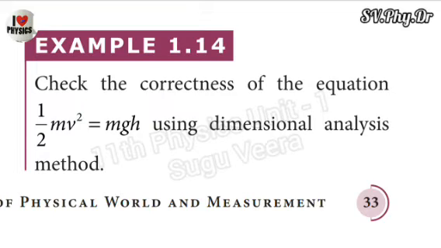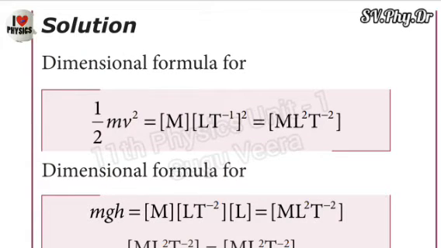So the unit of energy and the dimension of energy is almost the same. Dimensional formula for kinetic energy, that means half m v square, 1 by 2 is a dimensionless quantity and m is mass and v is velocity. The dimension of mass is capital M and the dimension of velocity is L t power minus 1.